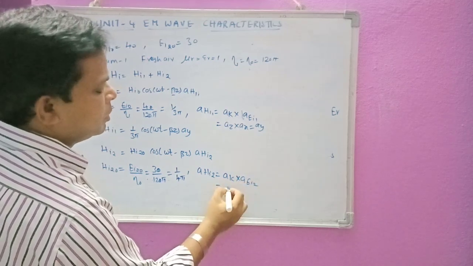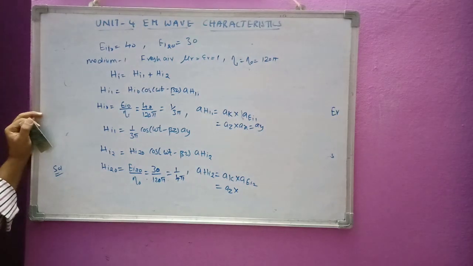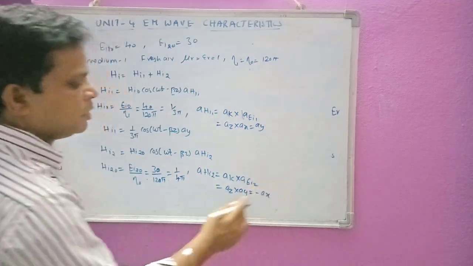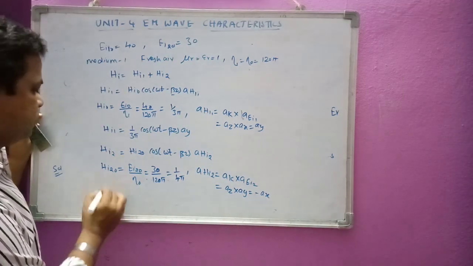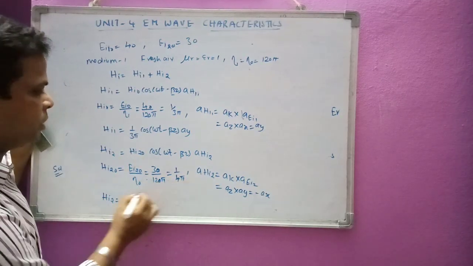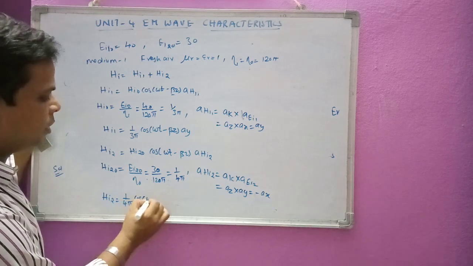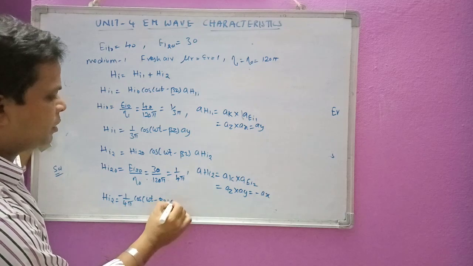It is z direction, and the remaining direction is aY, right? So it will be minus aX, because aZ cross aY is minus aX. So HI2 is equal to 1 by 4 pi cos of omega t minus beta z into minus aX.